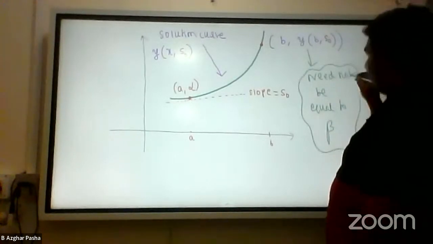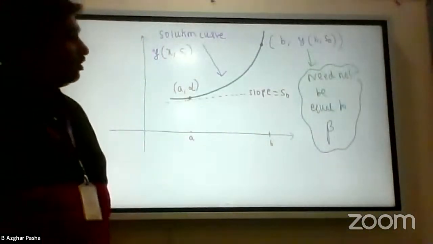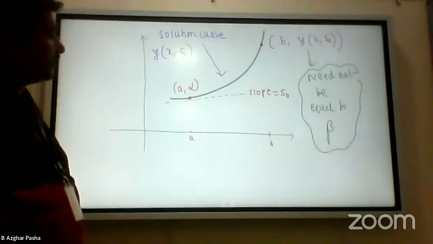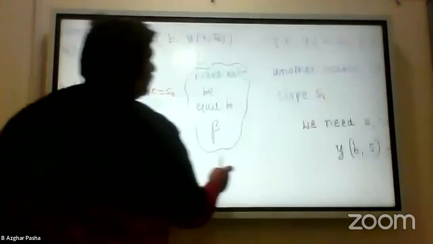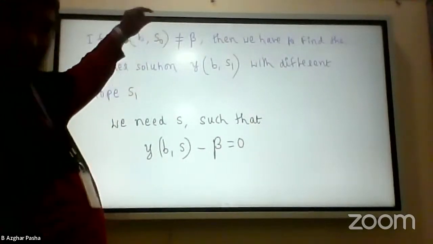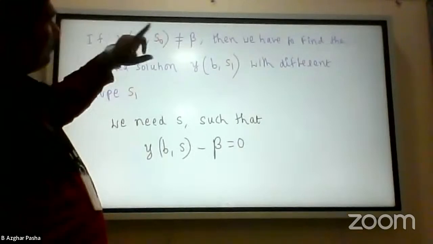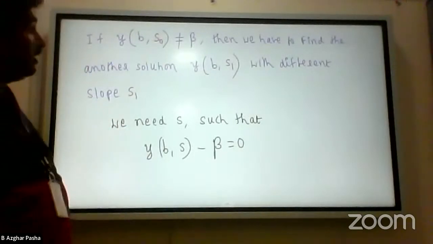If it is equal to beta, then this itself becomes the solution of the boundary value problem. So if Y of B is not equal to beta, then we have to find another solution.